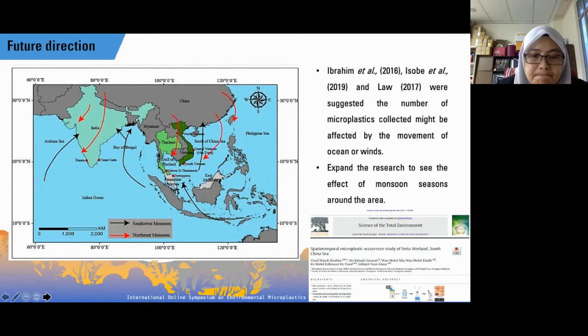So we would like to know whether the increased rainfall in the northeast monsoon or the southwest monsoon will bring more of this pollutant from land to the rivers, and finally maybe accumulate into the mangrove, the estuarine, or the ocean, which will affect all the marine life in this ecosystem. So I think there are still rooms that we can explore for this study.